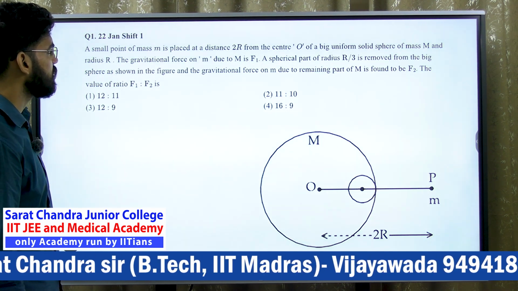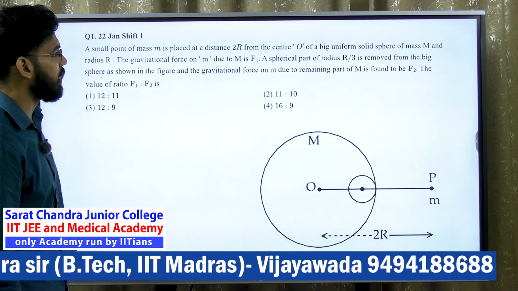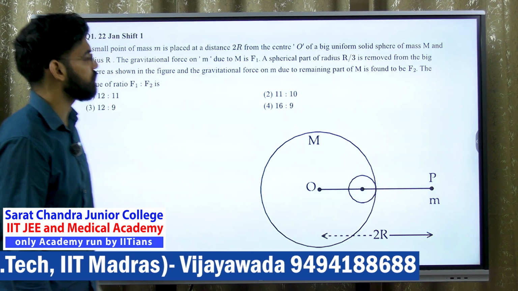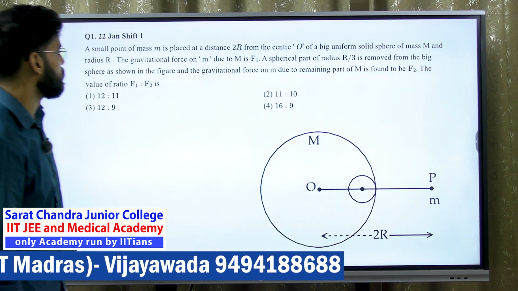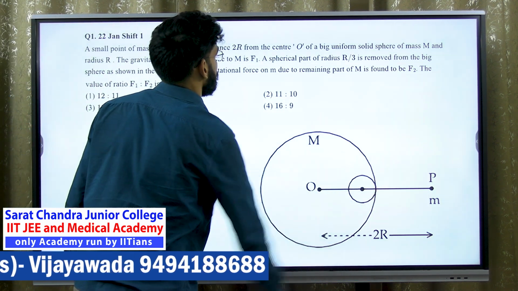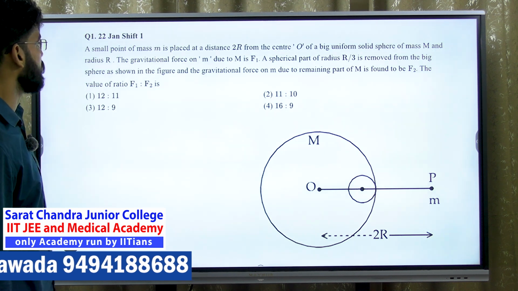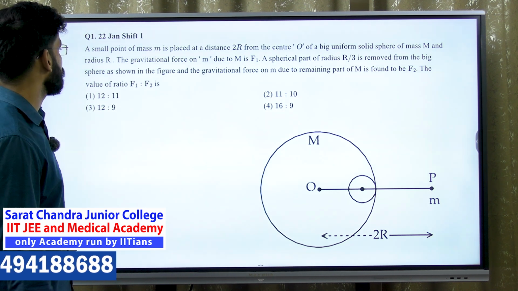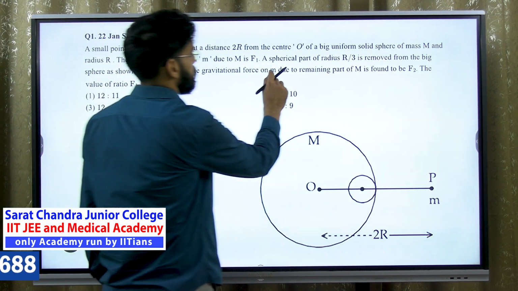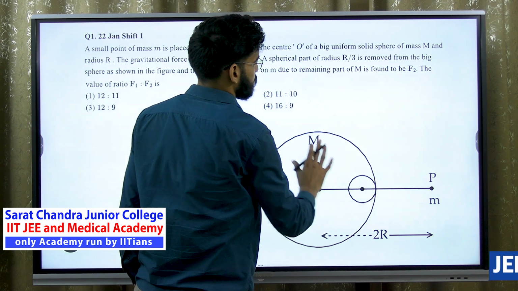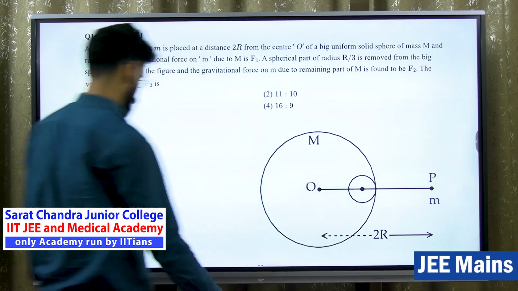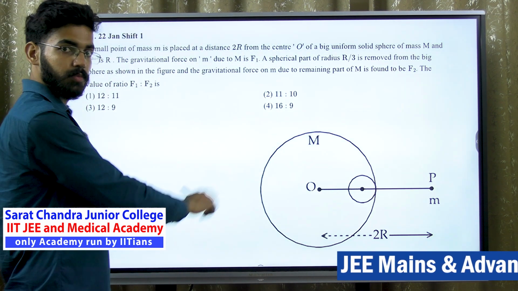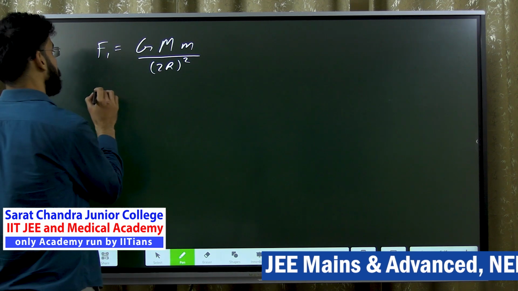Okay. Now he is saying a spherical part of radius r by 3 is removed from the big sphere as shown in the figure. So r by 3 radius, a sphere is removed. And the gravitation force on small m due to the remaining part of capital M is found to be F2. Okay. So this is a mass removal problem. So see how F2 will be calculated.